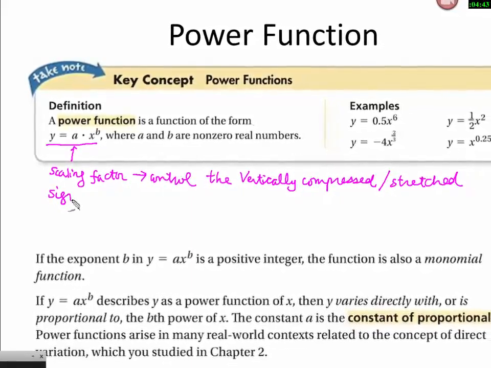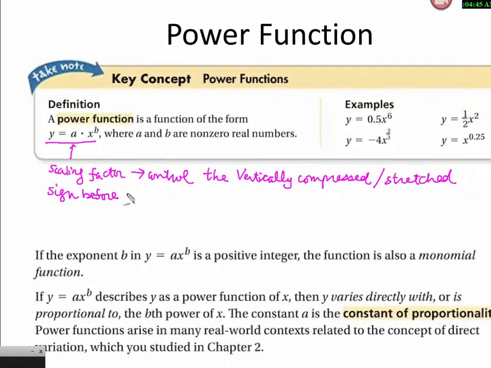The sign before this scaling factor a controls the reflection across the x-axis.